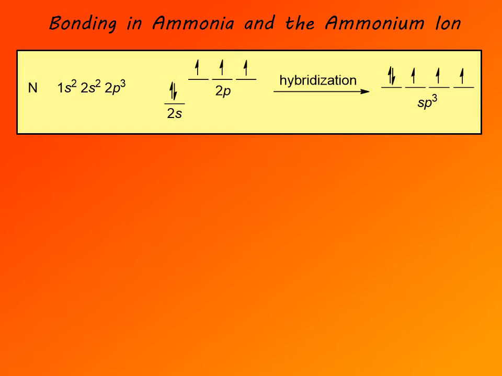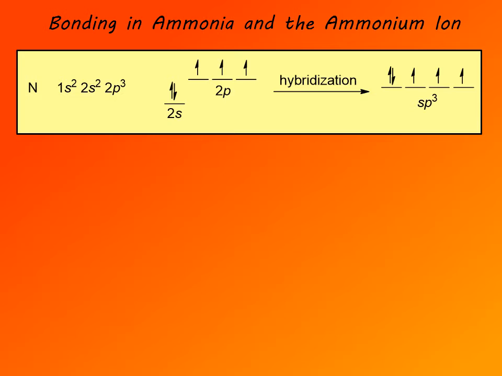For that reason, there is no promotion of an electron. Simply, we only carry out the mathematical operation of hybridization, and 4 identical orbitals are formed, 4 sp3 orbitals. One of those sp3 orbitals is filled and contains an electron pair. The remaining 3 contain unpaired electrons and can be used for bonding.